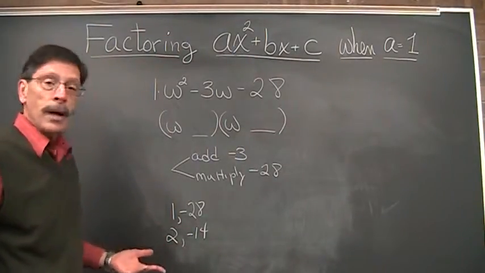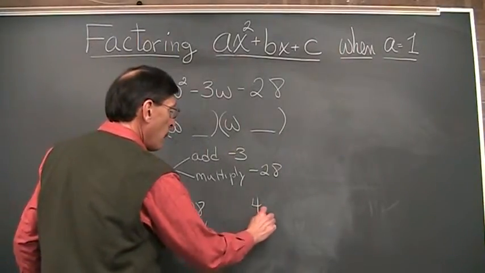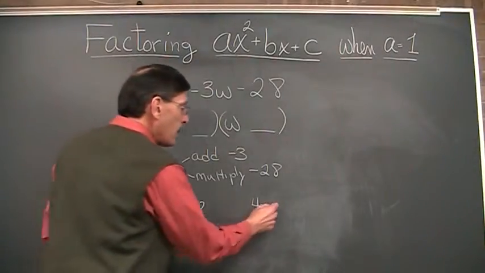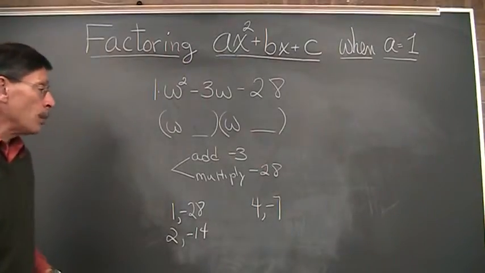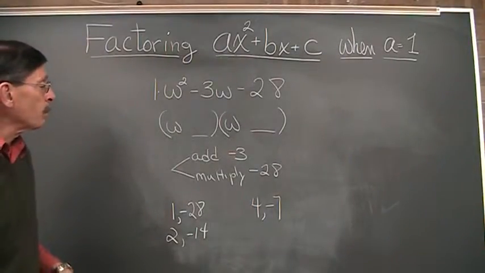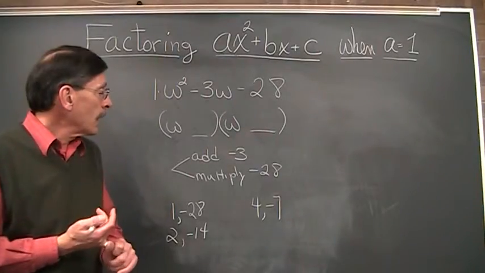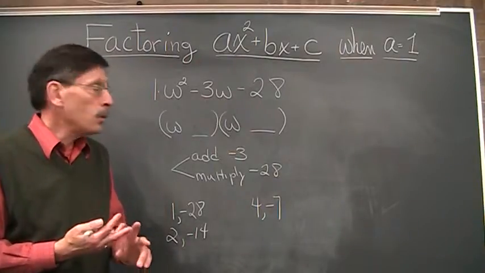3 does not divide into 28. We have 4 and -7. Multiply to give me -28. And we keep moving up to 5, doesn't go into 28. 6 does not go into 28.